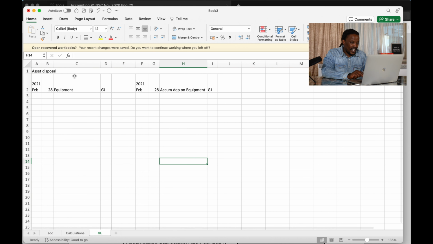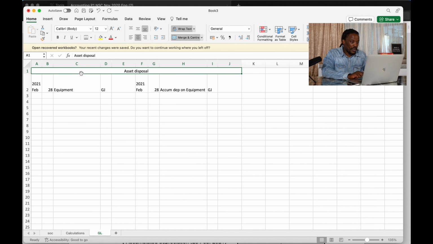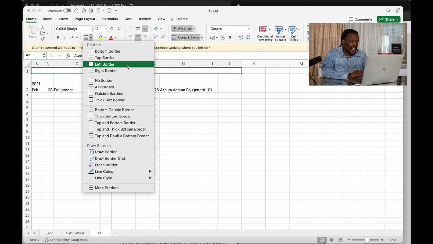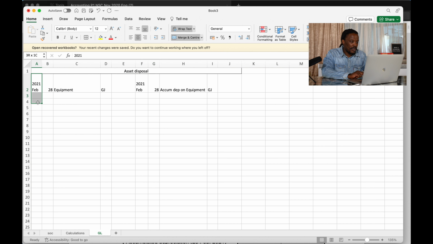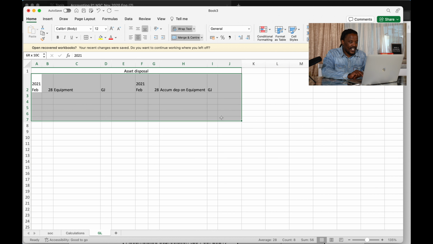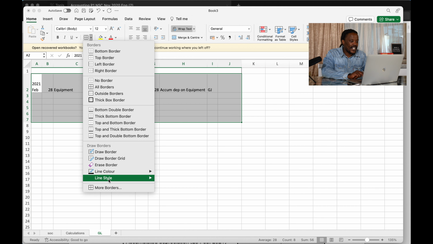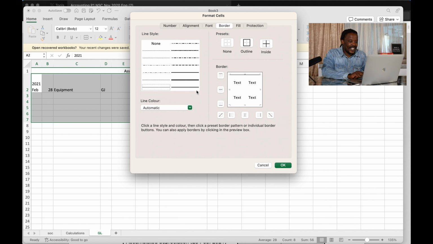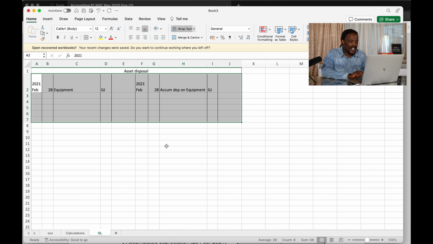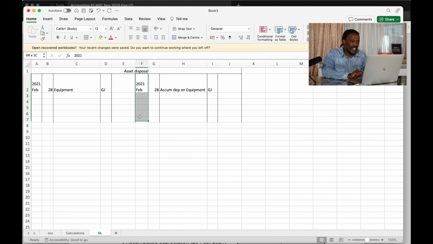So that's why I'm saying let's make it look professional like yourself, and put this border here, and put these lines so that it looks like a general ledger and it satisfies the way you understand it. They do it like this, even when they compile these answers. Let me put a double line here so that it differentiates between the debit and the credit side.